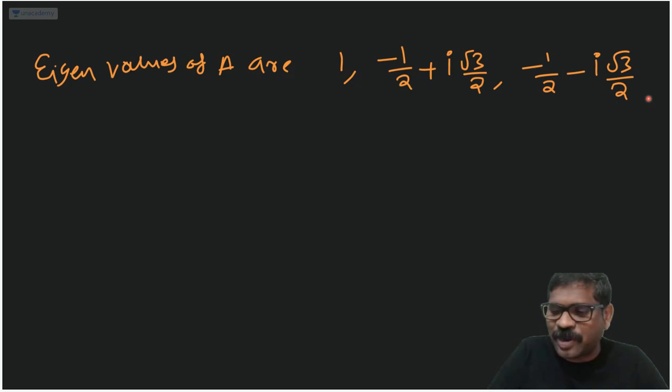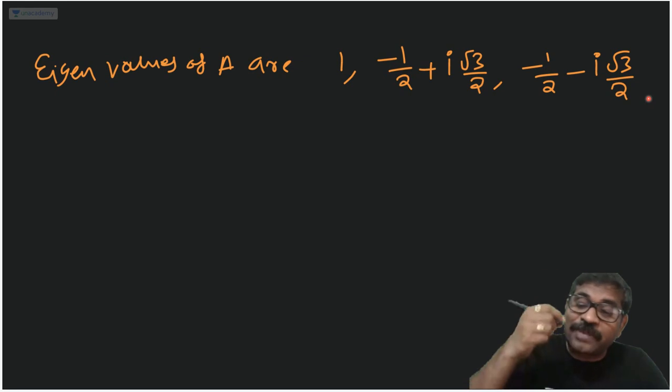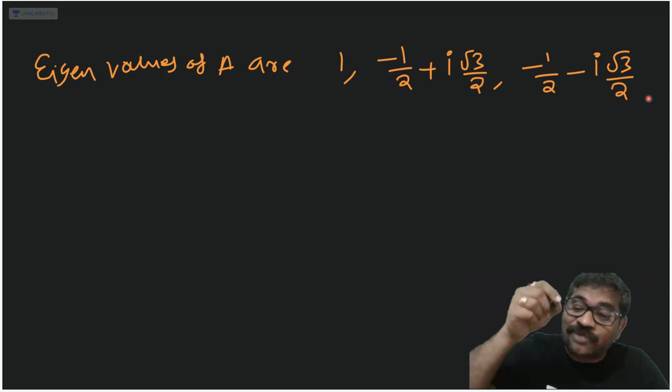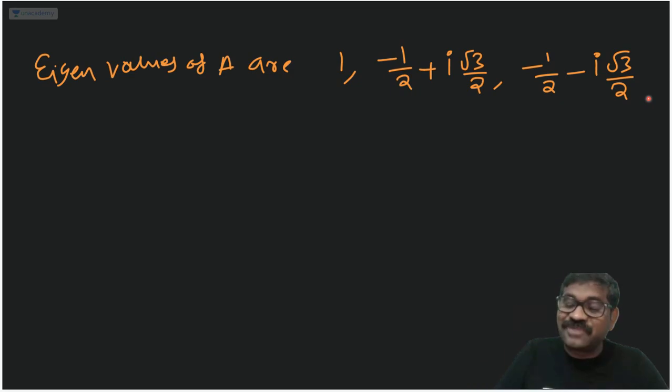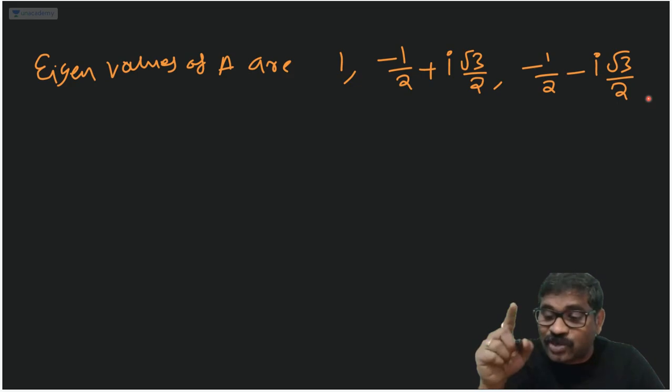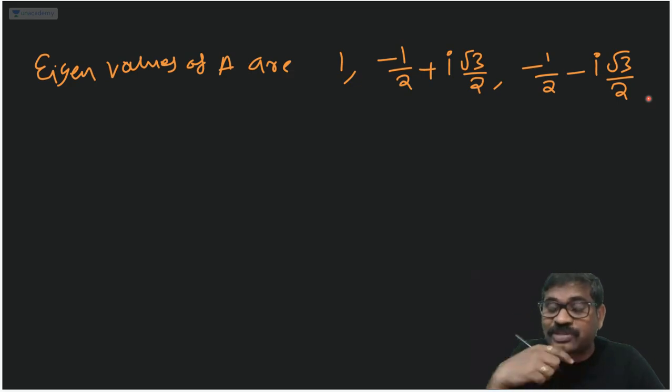Remember the properties. If lambda is an eigenvalue of A, lambda power 102 is an eigenvalue of A power 102, because you have the property: if lambda is an eigenvalue of A, lambda power m is an eigenvalue of A power m.